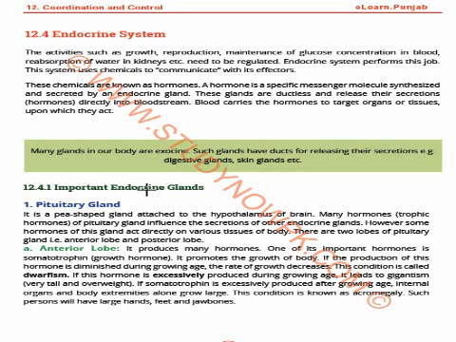So first of all comes the structure. It is pea-shaped. Then comes the location. It is attached to the hypothalamus of the brain, which we have already discussed in detail, which is the part of the brain. It has tropic hormones as well as other hormones also. The tropic hormones, what do they do? They influence the secretions of the other endocrine glands.